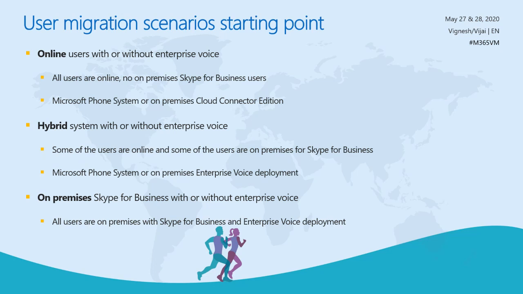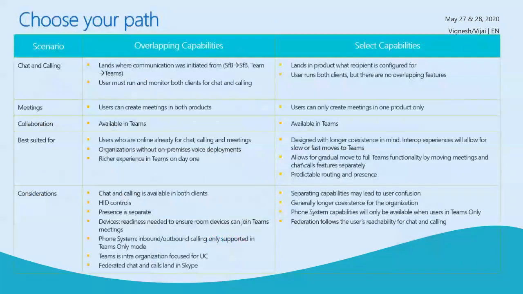These are the three different scenarios which most organizations will fall into. Based on the scenario, how can we select the approach? Whatever approaches have been mentioned are based on customer experiences. It's not really required that you follow that path, but we'll go to the next slide.